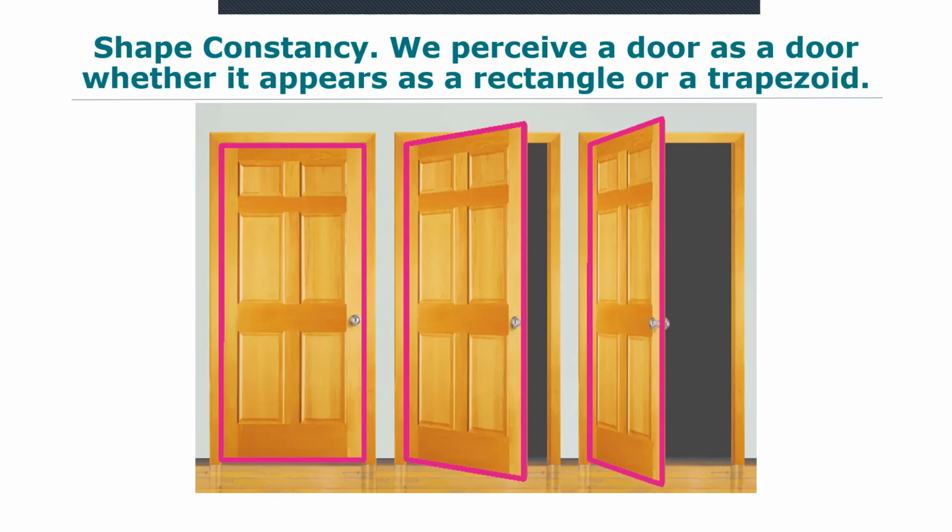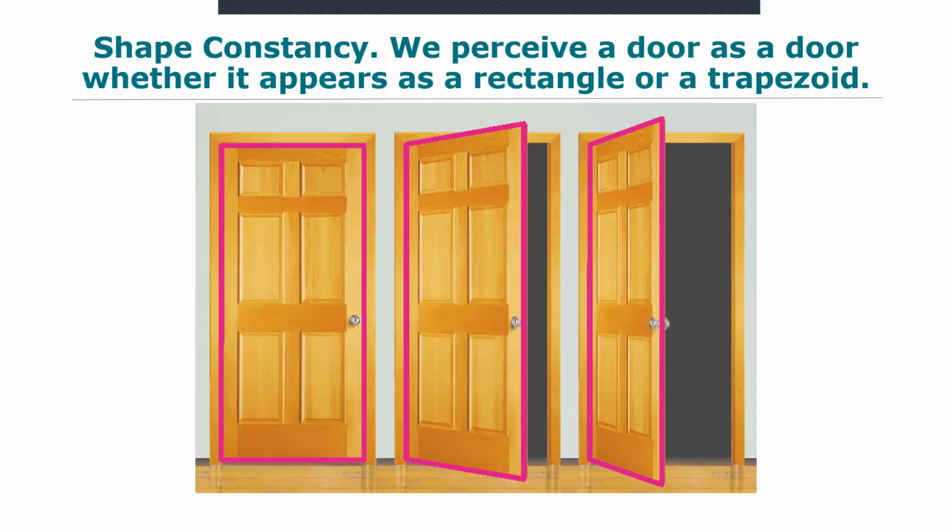So we don't rely on the raw data. This is where sensation and perception differ. Your sensation would say, "Oh, the door has changed shape," as it opens up. It used to be a rectangle, but no longer is. That's what your sensation tells you. That's what bottom up processing would tell you.